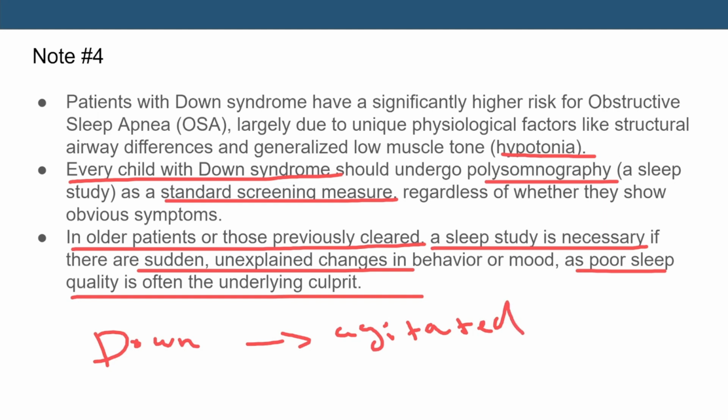Why? Because they may have obstructive sleep apnea. When they have obstructive sleep apnea, they have less sleep, and their quality of sleep is decreased. So they become agitated during the daytime. So you do a polysomnography, which is a sleep study.